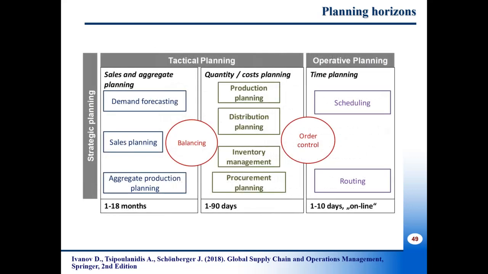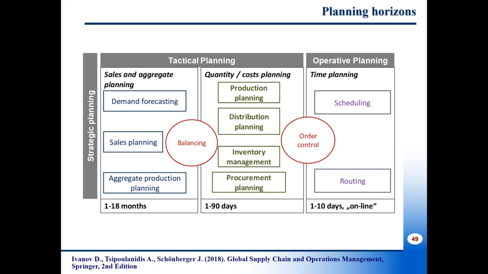The current slide contains planning decisions that can be divided into three: strategic, tactical, and operative planning. Strategic decisions are taken for a long period of time, typically for many years.